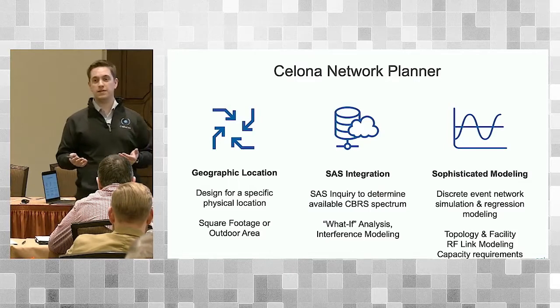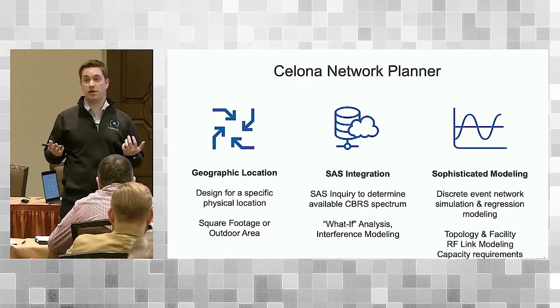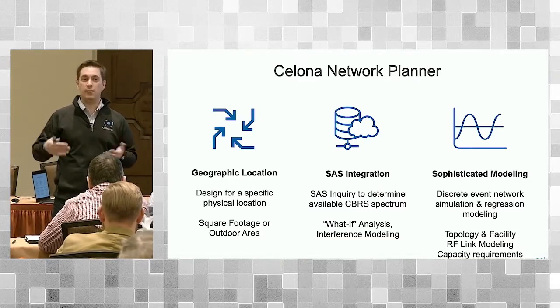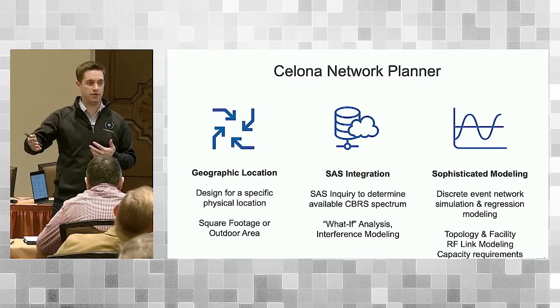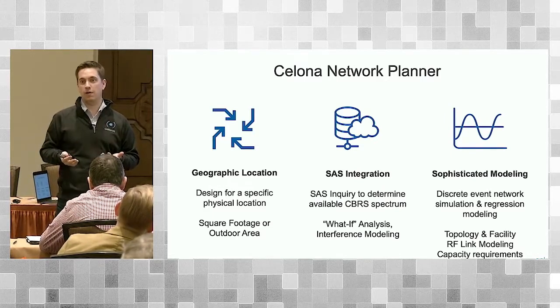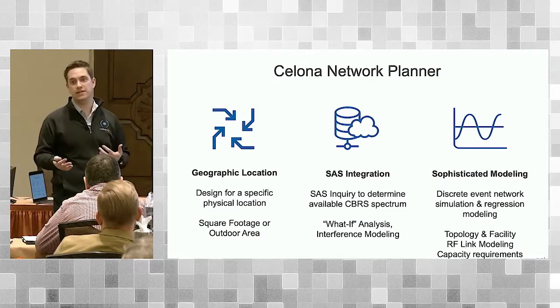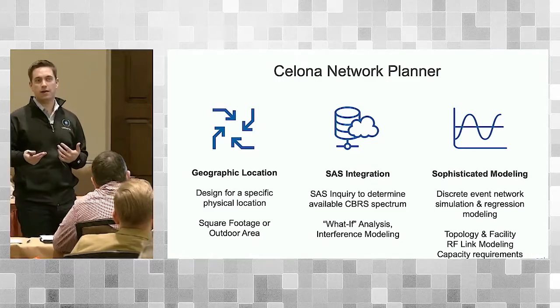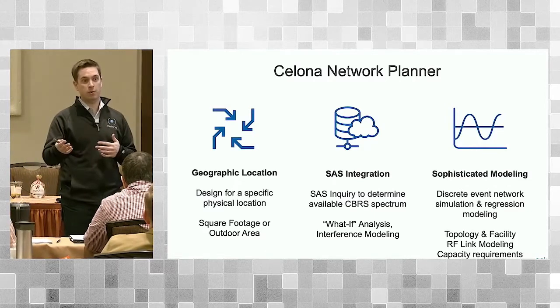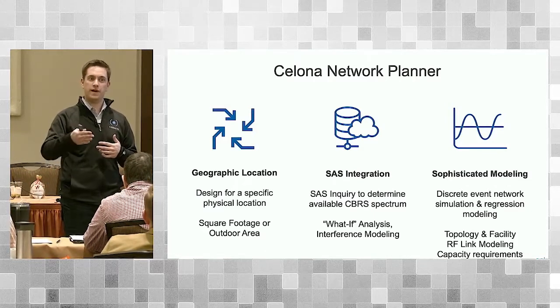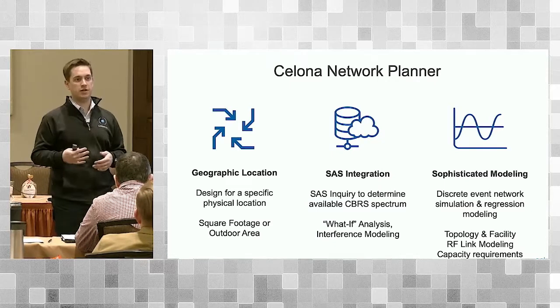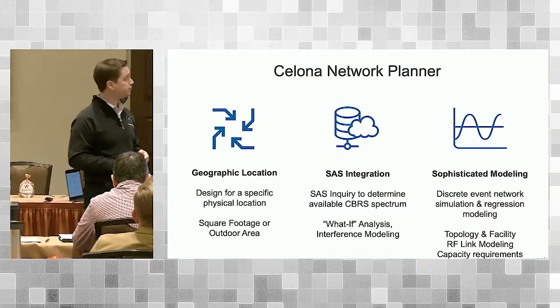You can do some what-if analysis modeling: the SAS says I have 150 today. What if I'm planning for 3 years down the road and all the PALs are deployed? Maybe I want to model that for a more conservative 80 megahertz down the road, and I don't want to redesign later. You can model that in our network planner and say, okay, SAS told me 150 is available. What if I change it down to 80 megahertz? How does that change the equation? What's my model look like then?